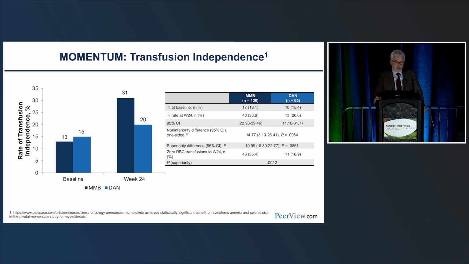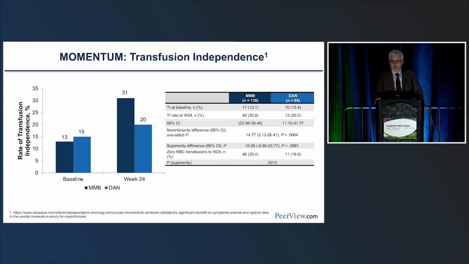This is the most important to me to look at. This is the transfusion independence, which I value the most when I talk about anemia drugs. In the bars, you can see on the left side a baseline transfusion independence rate between the 2 arms. After 6 months of therapy, 31% versus 20% between the momelotinib and danazol.